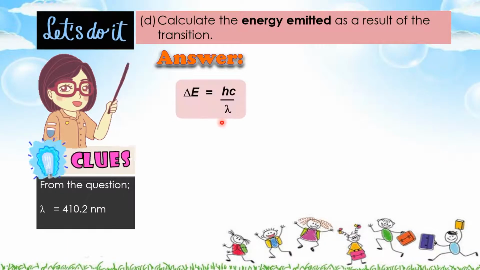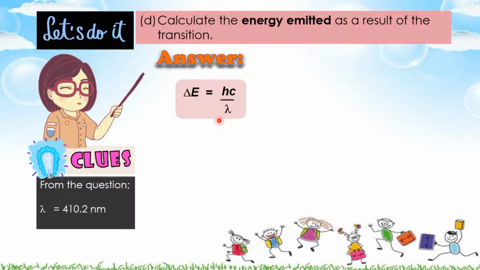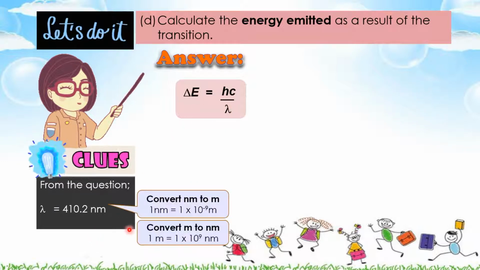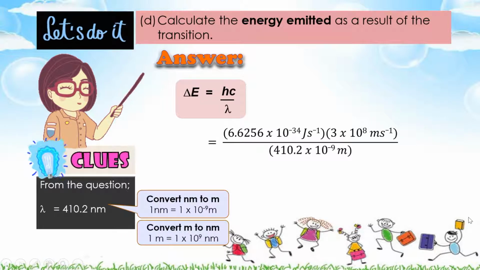Okay, next write the formula that we are going to use. Delta E equals hc over lambda. Don't forget to convert the unit of wavelength from nanometer to meter. Then substitute all the values. From here, we notice that we can cancel out per second with per second, and meter with meter.